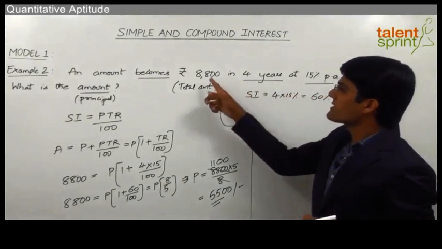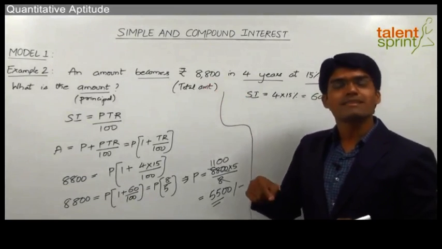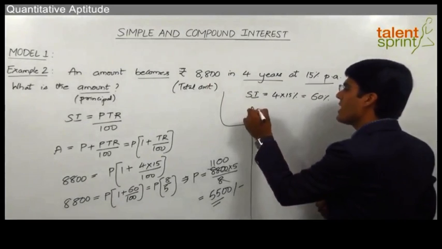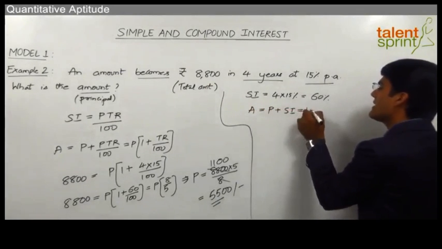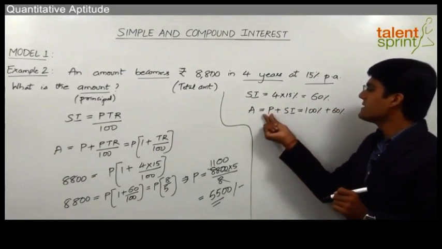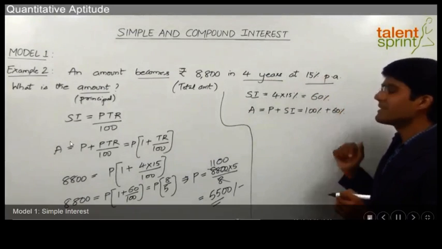And we also understand that 8,800 is the total amount. Now total amount is nothing but principal plus simple interest, which can be taken as 100% plus 60%. We very well know that principal should always be 100% and interest from the given question is 60%.